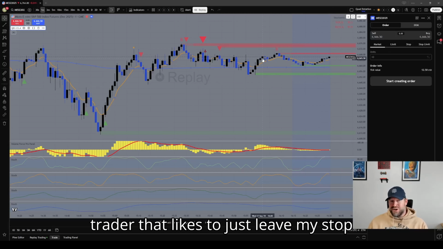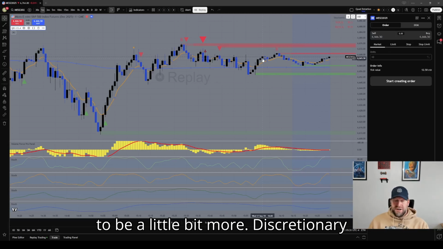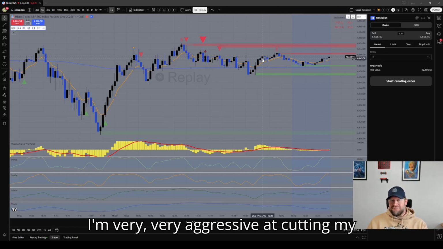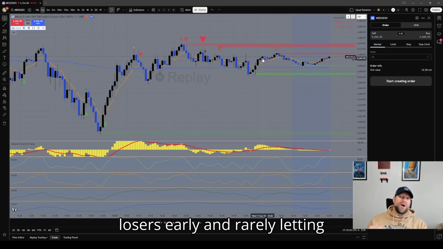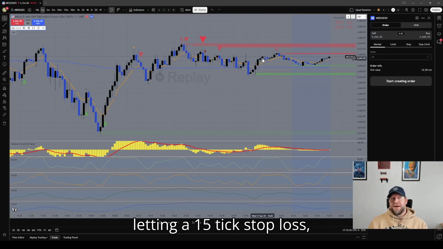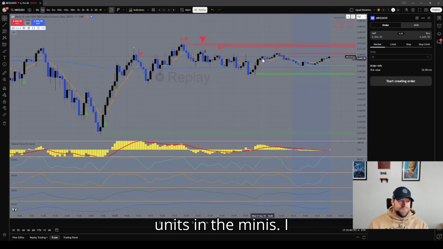I'm not even a trader that likes to just leave my stop loss up there and let it get hit. I like to be a little bit more discretionary that way, especially with my stop loss. I'm very, very aggressive at cutting my losers early and rarely letting them run. Typically in the market, I'm using a 15-tick stop loss, which is about $187 on 10 units in the minis.